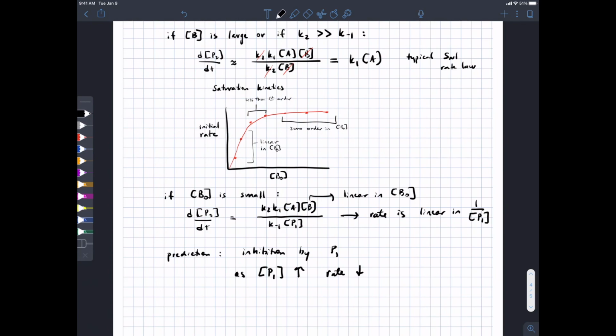And so that can be a way of predicting or probing a reaction mechanism.